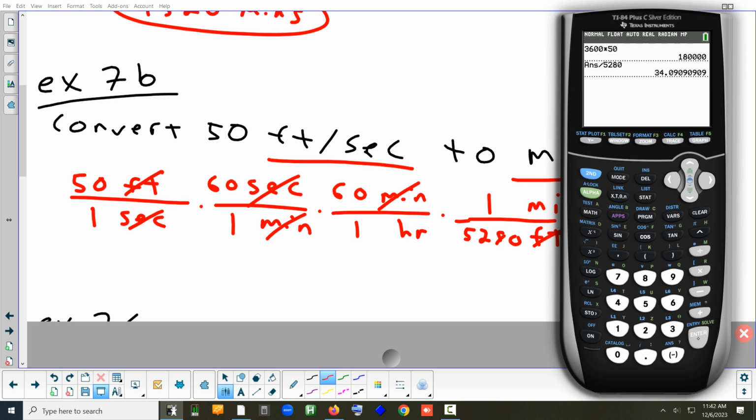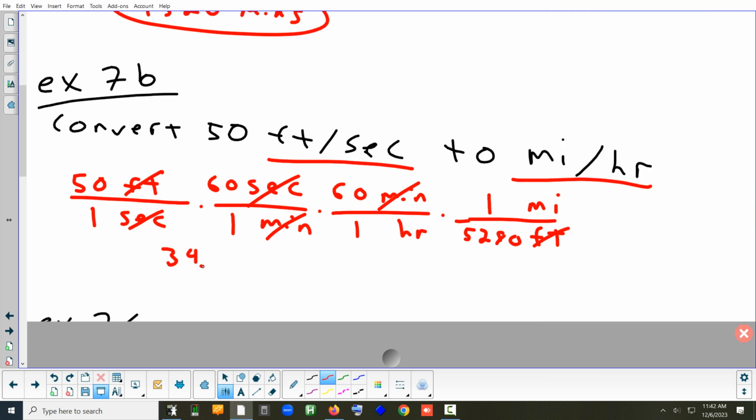It's 34.09 miles per hour. It's a common unit, so sometimes you see that abbreviated with three letters, mph. Or you can use the label like I did, miles per hour.